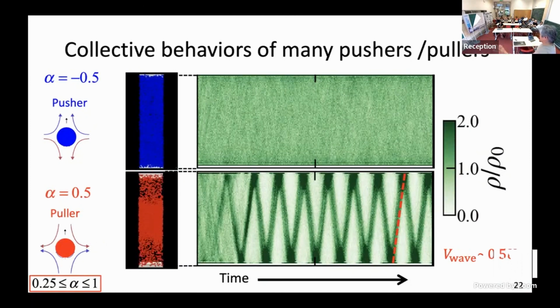It continues forever. Did you explore size dependence? What happens if you vary the box? If we increase the size, the slope doesn't change. If the distance between these two plates is very large, then you may have multiple waves.